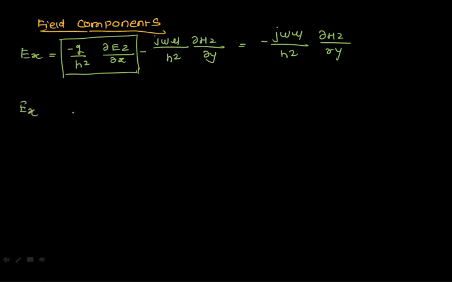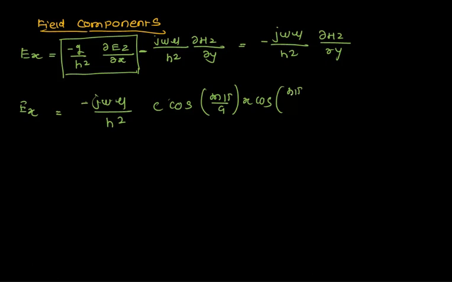If you put the value of the Hz component, I'm just solving this one for you, and then for the others you can solve the same way. So this Ex component will be j omega mu by h square, and I'll write the value of Hz which I have got there: minus C cos of m pi by a x cos of n pi by b y e raised to j omega t minus gamma z.